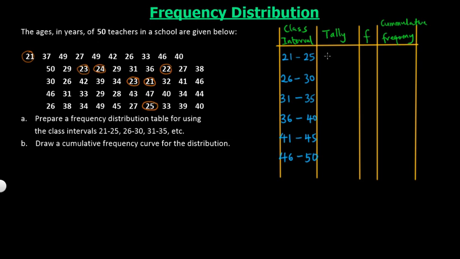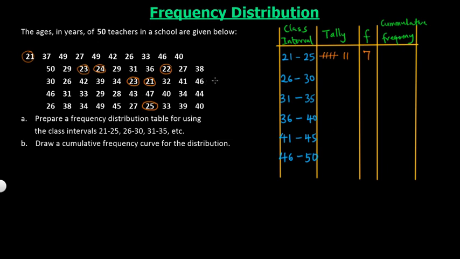So it's 7, using the tally. So we have 7 for this. We'll put it there, 7. And you look for the others too for the sake of checking.